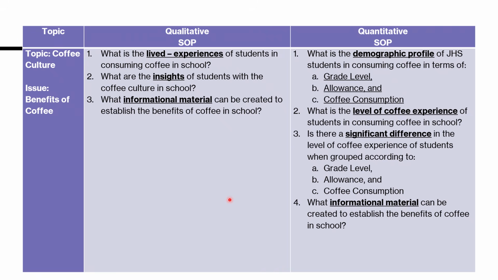I hope it makes sense. These are the things you need to do when working with your research. In the next video, from these SOPs, we're going to create our objectives and then our conceptual framework.